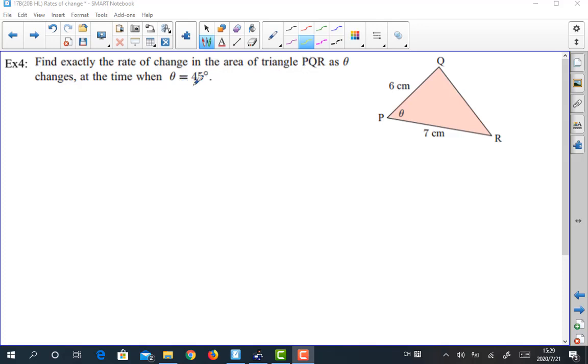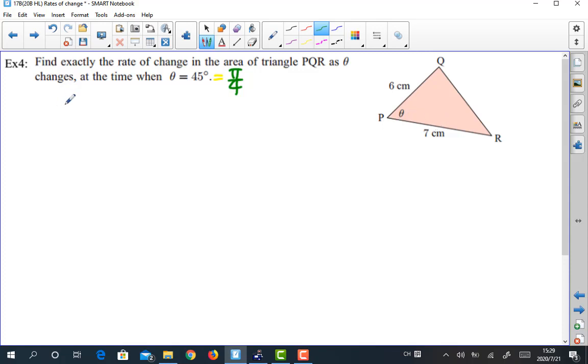We need to remember, when we talk about the rate of change, when the angle is decreasing or increasing, this angle has to be in radians. So we need to change 45 degrees to pi over 4 radians first. So how can we find the area of a triangle? This is side angle side.